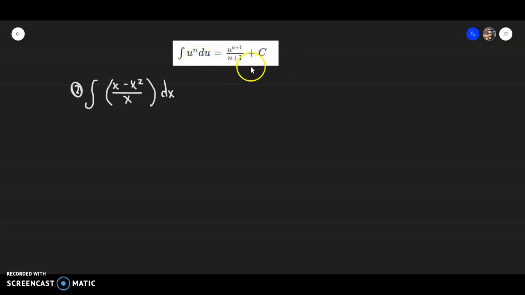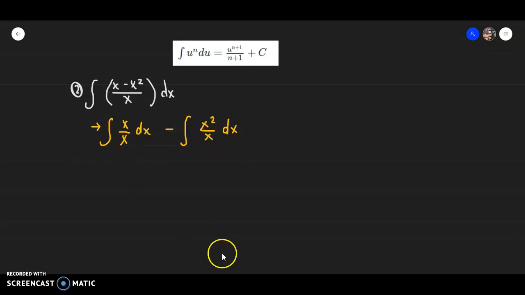So, this one, we can separate this term as antiderivative of x all over x dx minus antiderivative of x squared all over x all over x dx.